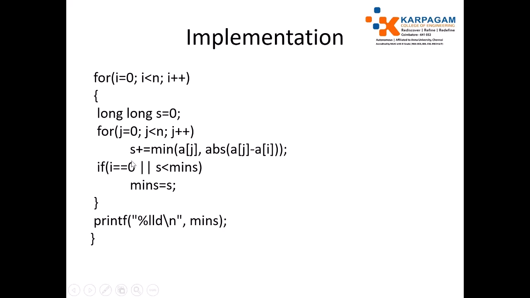Okay. Finally, after completing the iterations, the outer iteration as well as the inner iteration, just print the minimum number of operations required to make all the elements equal in an array. Okay. Thank you.